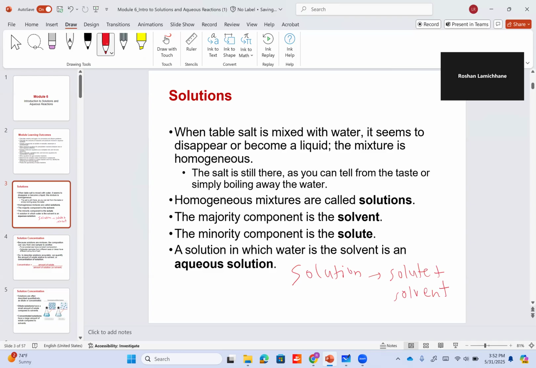For example, if I go to the kitchen, pour out a cup of water, and dissolve some table salt, NaCl, sodium chloride, in water, the NaCl is my solute and water is my solvent. Generally speaking, the majority component is the solvent and the minority component is the solute.